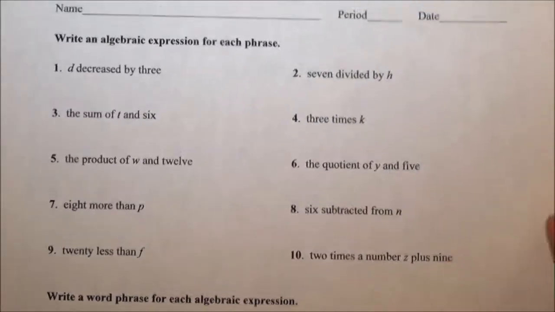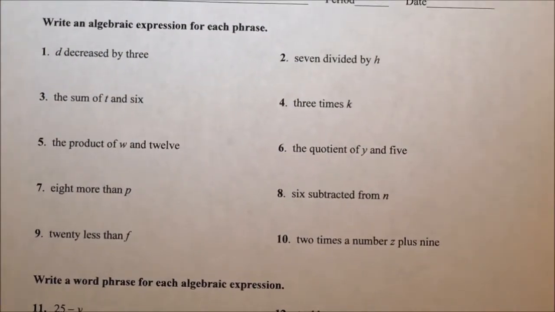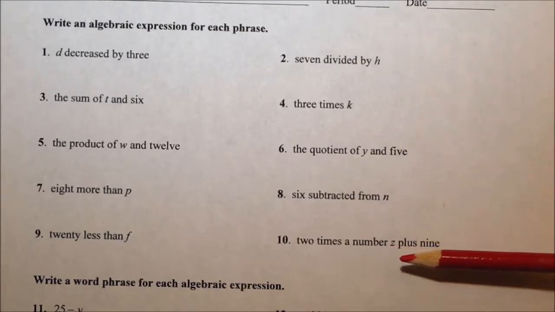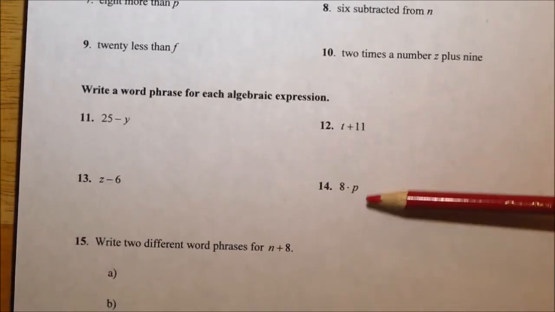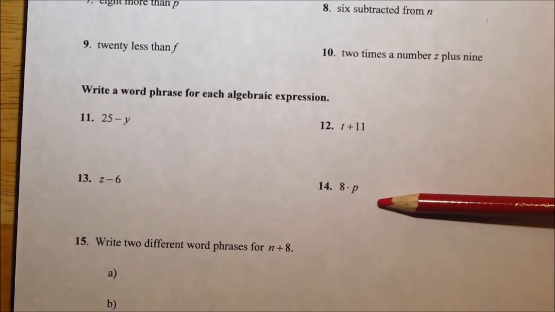Let me show you the worksheet. It's very much like what we just did on our practice problems. The top section of it is simply writing the expressions that these phrases are telling you about. This middle section here is write the word phrase for each of these expressions that you see. That's just like the second half of the practice problems we did.